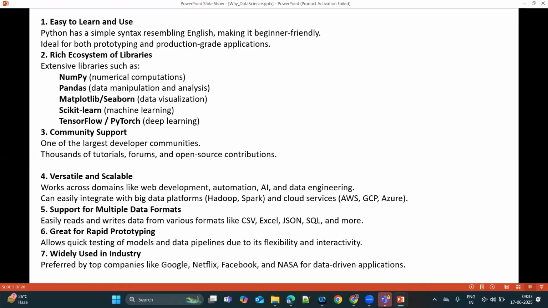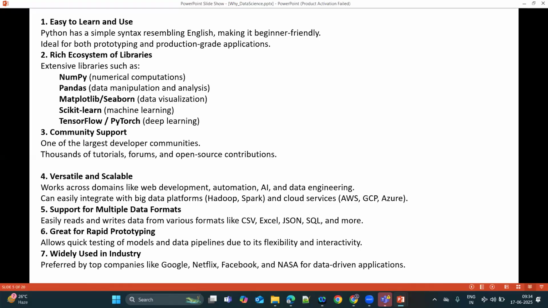Also, using Python we can support different data formats. Sometimes the data is in CSV, sometimes in Excel, sometimes in JSON, SQL, and whatever the data format, Python can accept it and extract the data from the respective files. And it is great for rapid prototyping.